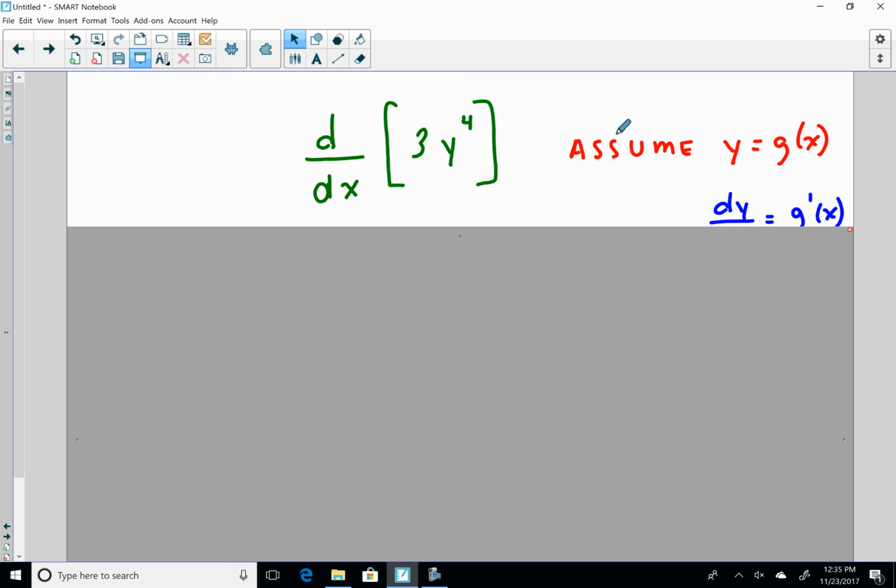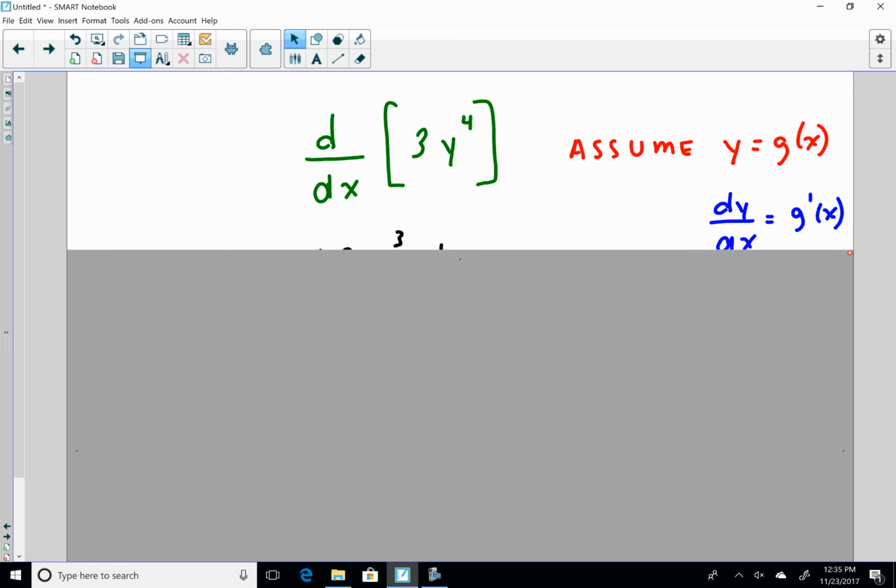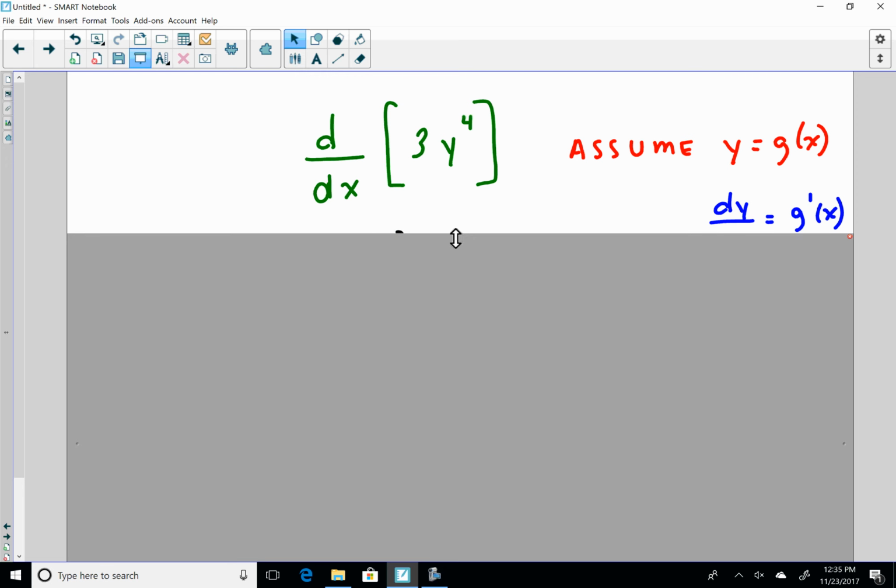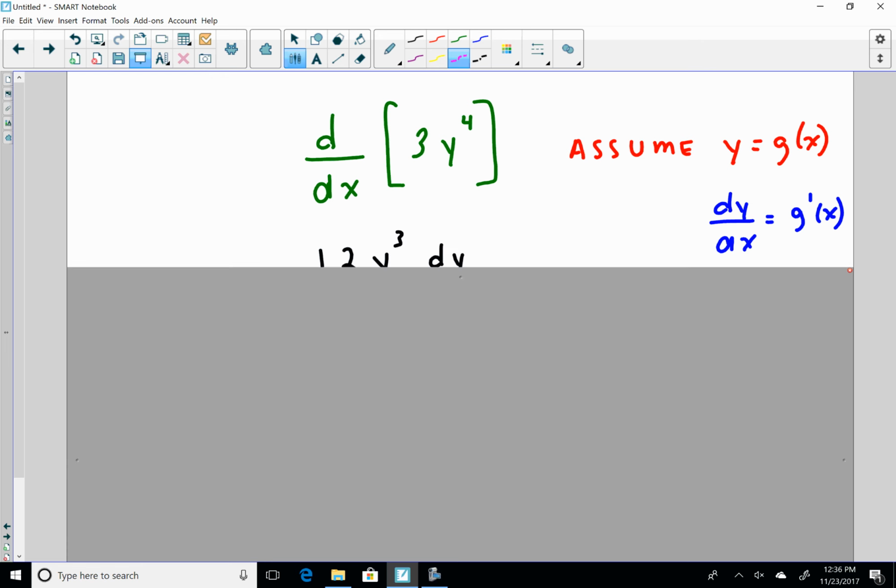Now we have d dx of 3y to the fourth, and we are going to make this strong assumption here. I haven't started out with h of x or s of x or t of x. All I'm doing is differentiating this creature 3y to the fourth with respect to x. And I am making a strong assumption here, by all means, that y is a function of x: y is equal to g of x.